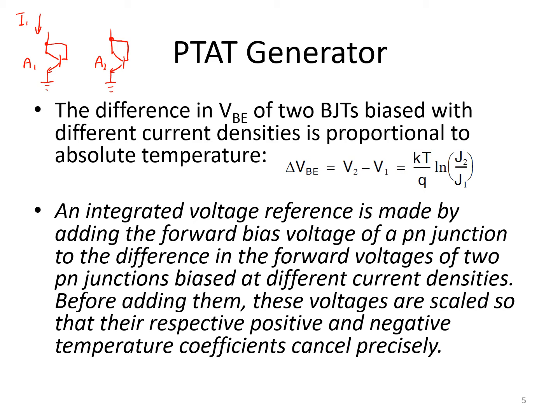This can actually be made up of parallel copies of A1, so that A1 and A2 are related by a quite specific integer multiple, and likewise biased by a current I2 that can be related to I1 with current mirror circuits, so that the ratio of I1 and I2 is quite well established. So let's next define the current density of those two BJTs as being the current they're carrying over their area.